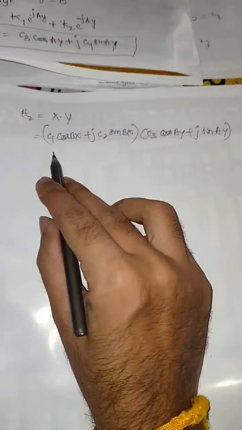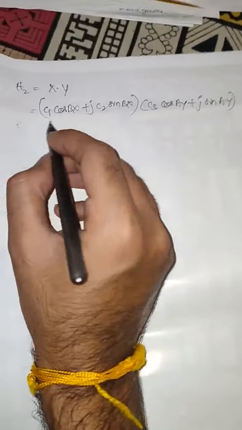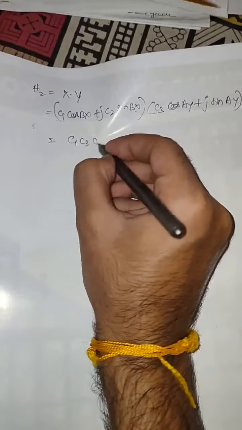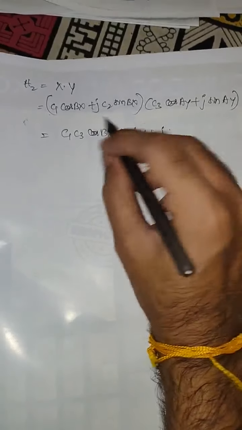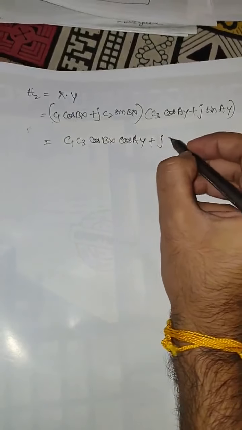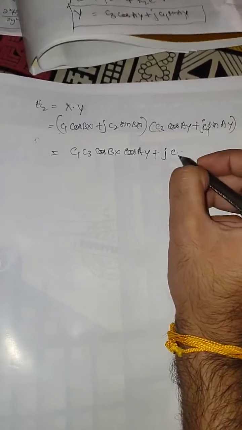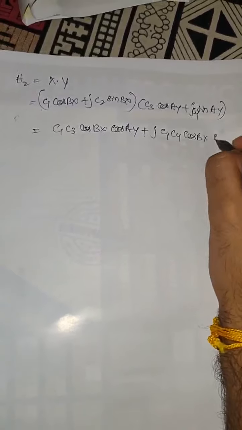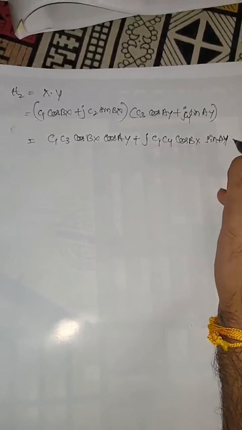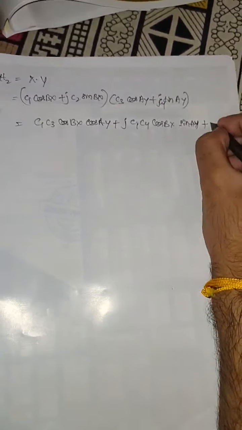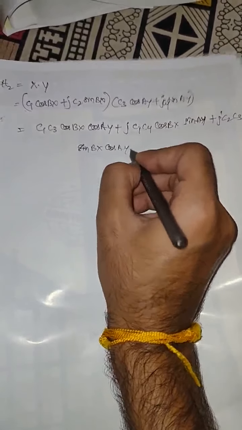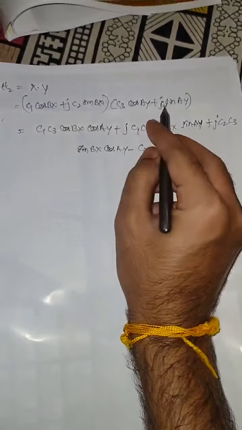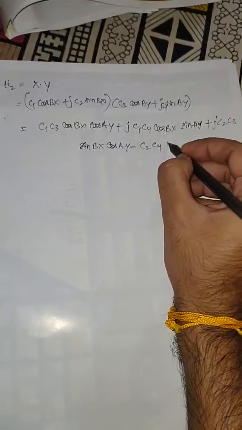Now multiply each term: c1 c3 cos bx cos ay plus j c1 c4 cos bx sin ay plus j c2 c3 sin bx cos ay, minus c2 c4, because j times j is j square, which is minus 1, so minus c2 c4 sin bx sin ay. So this is the equation for Hz.